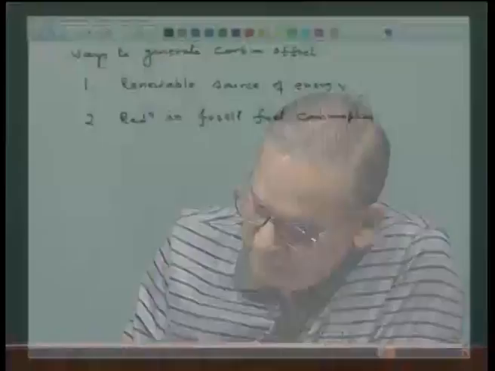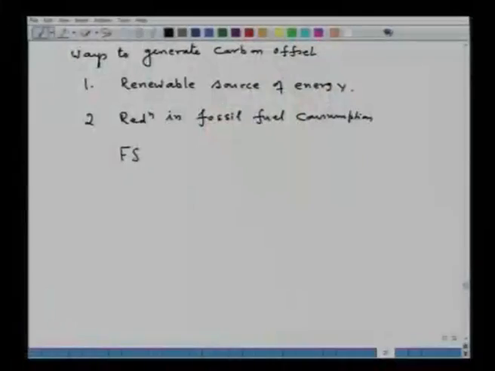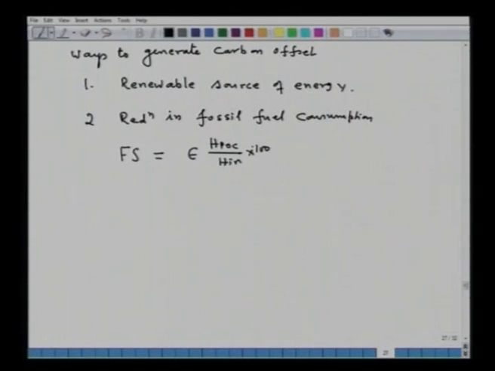One way is to recuperate the heat. Just now we have seen that it is used to preheat the air. If we recuperate the heat of the waste gases and use it to preheat the air, then the fuel saving is equal to epsilon times H_POC upon H_in into 100, that is in percent.